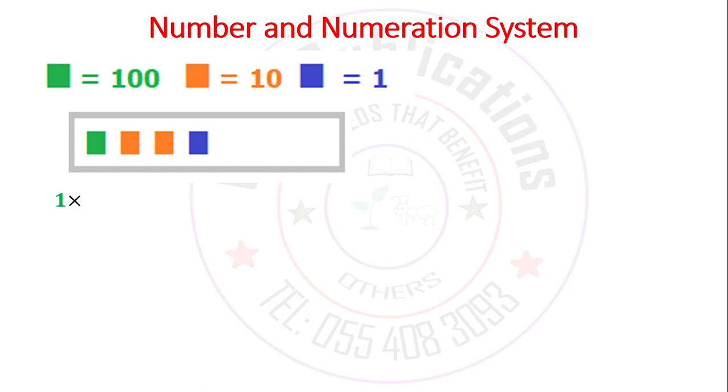So we see 1 times 100. Then, how many groups of 10 do we have? We have 2. Then 2 times 10. How many groups of 1 do we have here? We have 1. So 1 times 1.